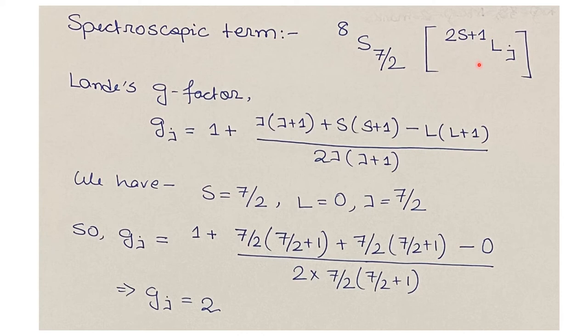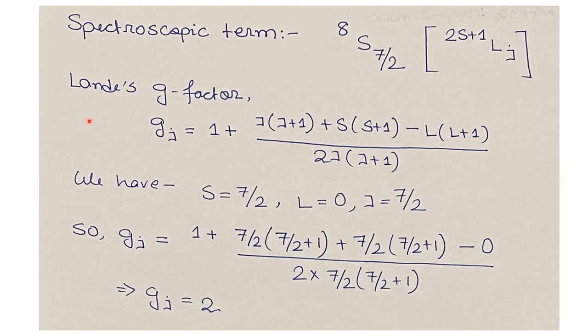Now the L value, the total orbital angular quantum number, L equals 0, for which we have here S, and the total angular momentum quantum number is 7 by 2, that is J equals 7 by 2. So we'll have here 7 by 2.